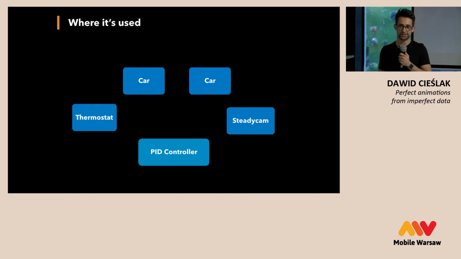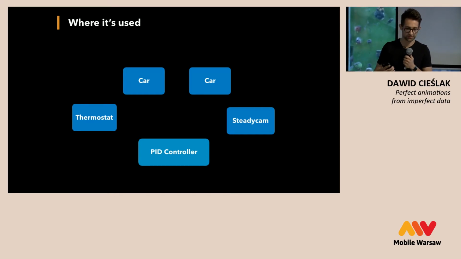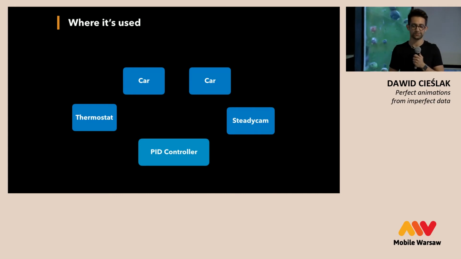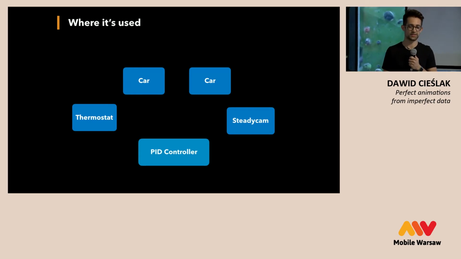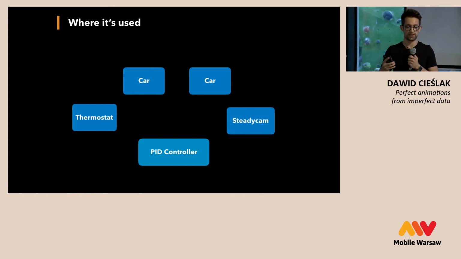Even if you set the temperature on your thermostat, it controls the heating system to reach this temperature in some optimal way. And because of this all sounds like a reason why you probably haven't heard about such thing, there's a question how that can be used as something for me as a mobile developer.